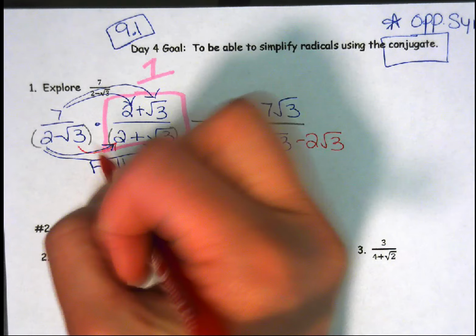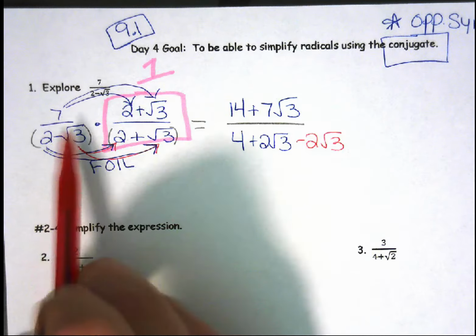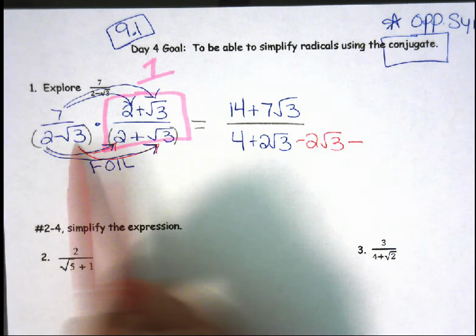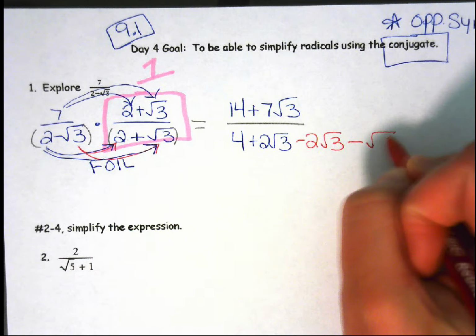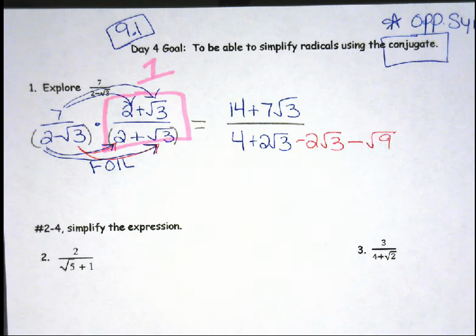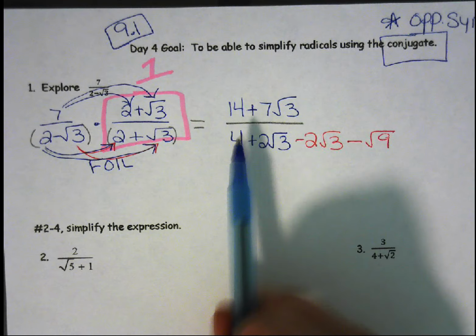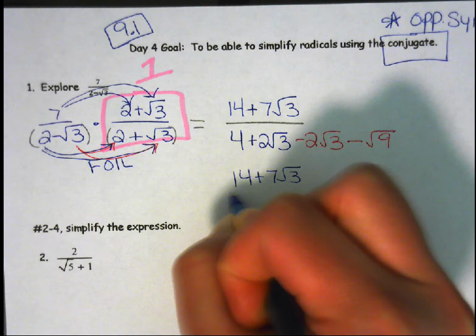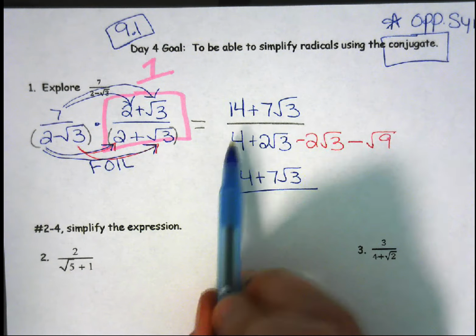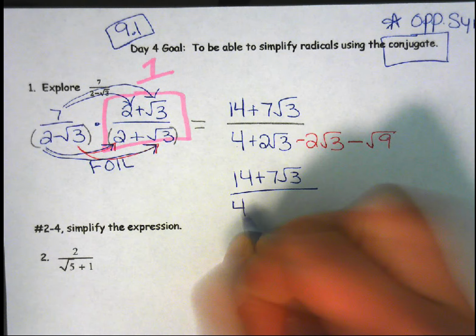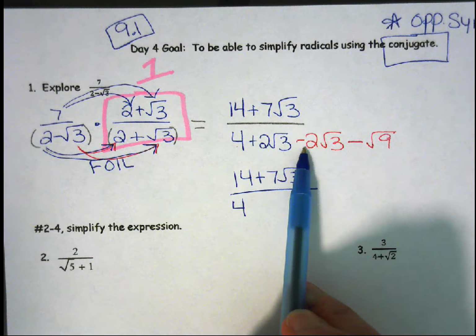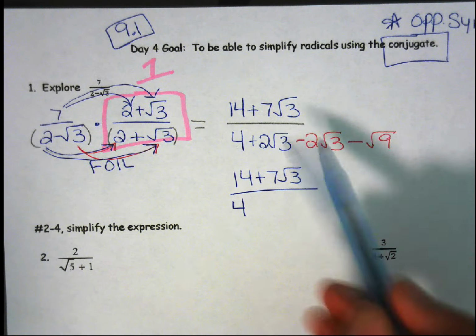And now last, negative times a positive, square root of 3 times square root of 3 is square root of 9. Okay? Now, on the top, there's not much for me to do. So 14 plus 7 square roots of 3. Now the bottom. Can't do much with the 4. Plus 2 square roots of 3 minus 2 square roots of 3. Do you notice how these cancel?